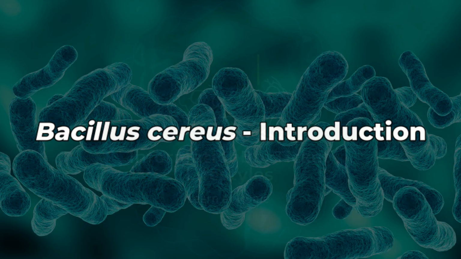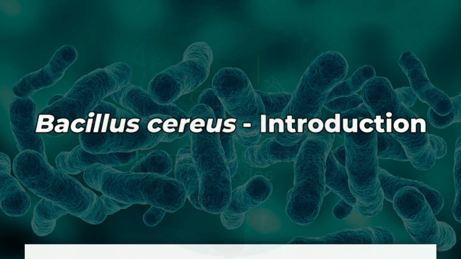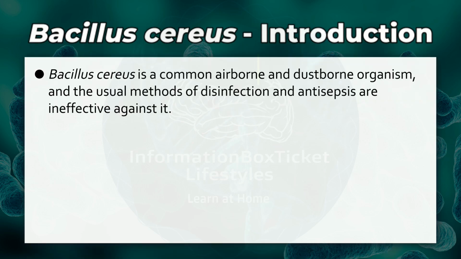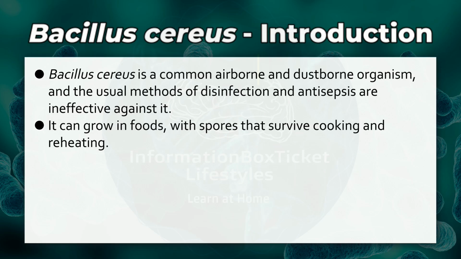Bacillus cereus. Introduction. Bacillus cereus is a common airborne and dust-borne organism, and the usual methods of disinfection and antisepsis are ineffective against it. It can grow in foods, with spores that survive cooking and reheating.